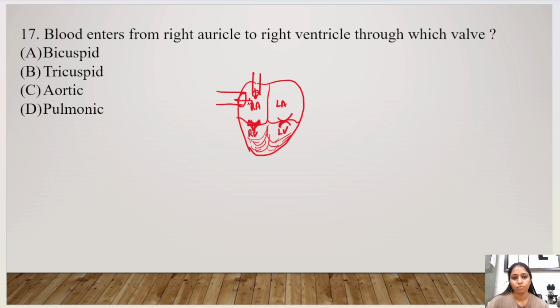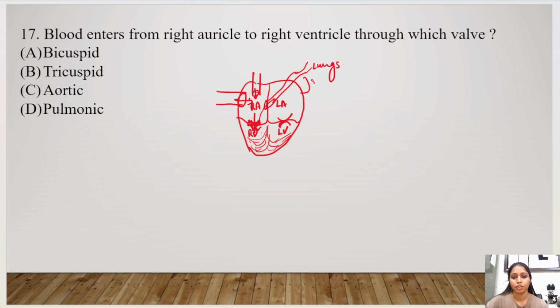So when blood first enters the right atrium, then this blood enters the right ventricle through the tricuspid valve, and this valve prevents the backflow of blood to the right atrium. Then this blood goes from the right ventricle to the pulmonary valve, and goes to the lungs.